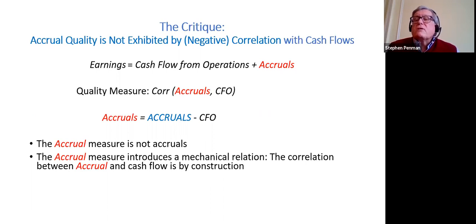It's a correlation that's induced by including cash flows in the measure. It is mechanical. It's by construction. So taking this measure as a measure of accrual quality, where it actually is driven by the amount of cash flows, is spurious.